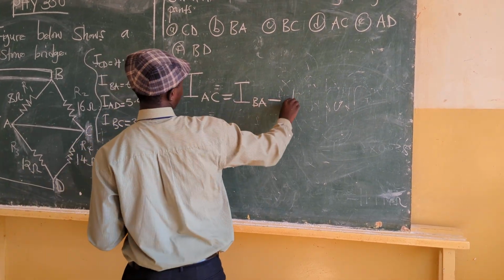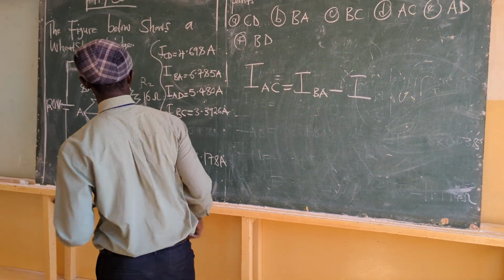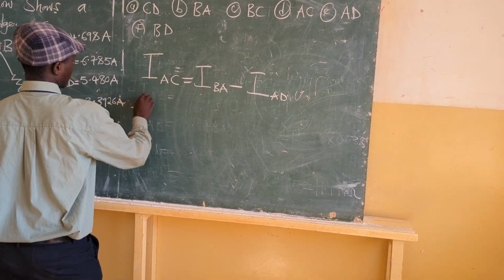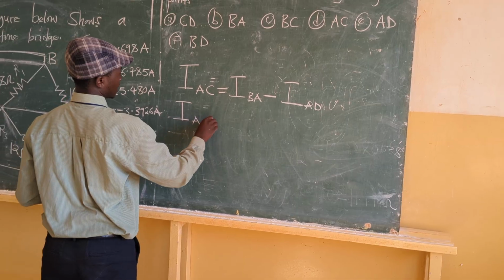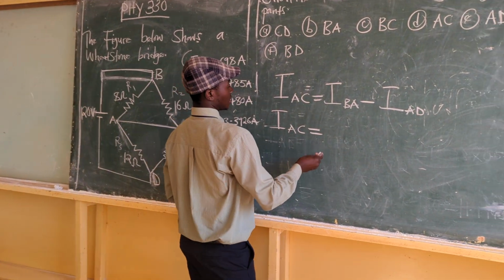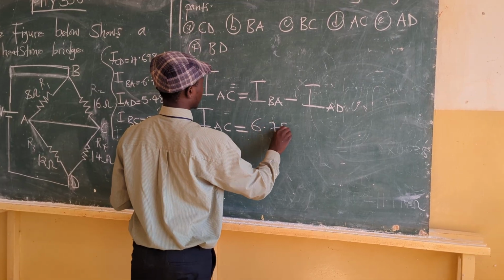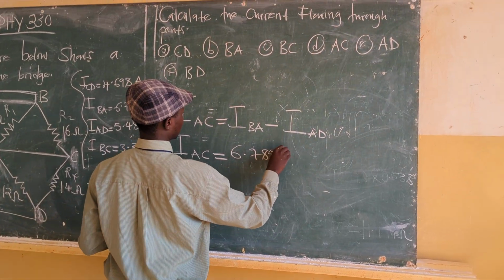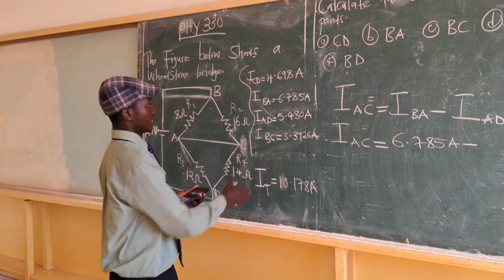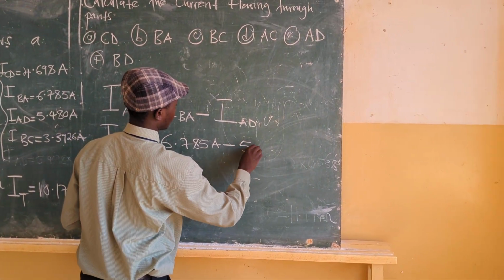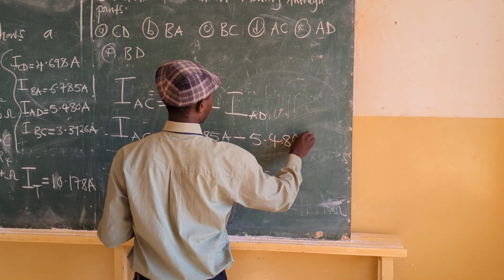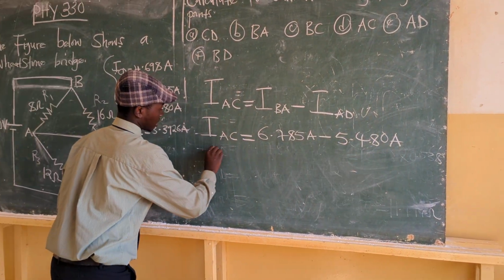For the current flowing at the point AC, you subtract the current flowing at the point AD from the current flowing at the point BA. BA we have is 6.785 amps minus the current flowing at the point AD, which is 5.480 amps.